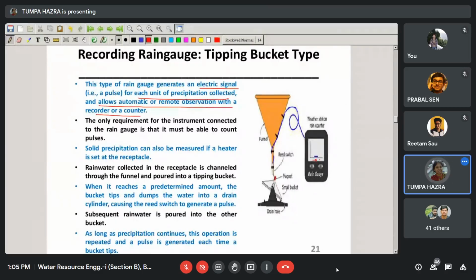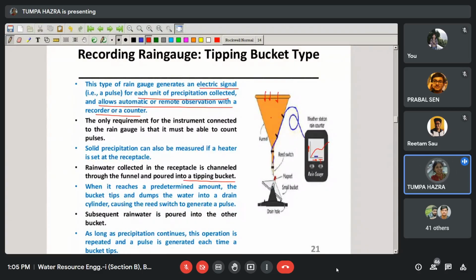Here you can see that with time the accumulated rainfall is plotted automatically. Whatever rainfall is collected through this funnel is poured into a tipping bucket.